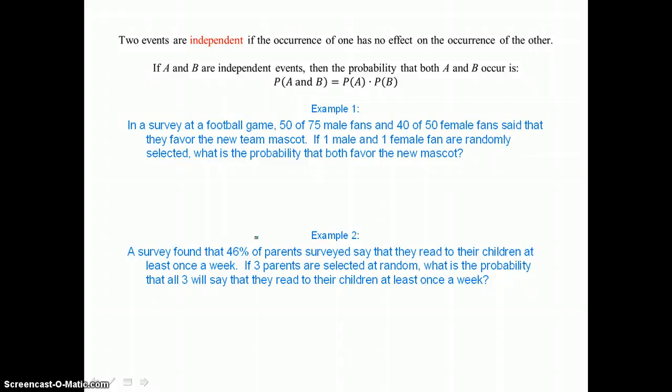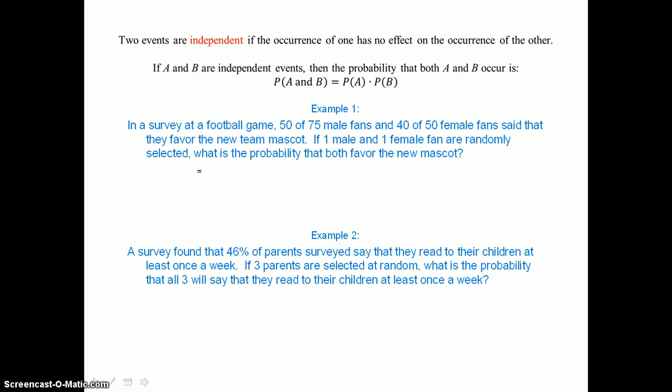In example 1, in a survey at a football game, 50 of 75 male fans and 40 of 50 female fans said that they favor the new team mascot. If one male and one female fan are randomly selected, what is the probability that both favor the new mascot?